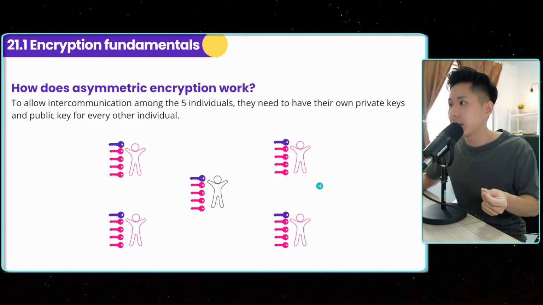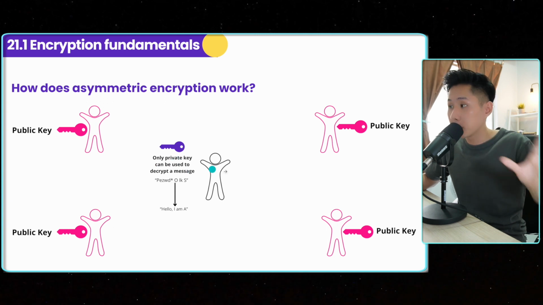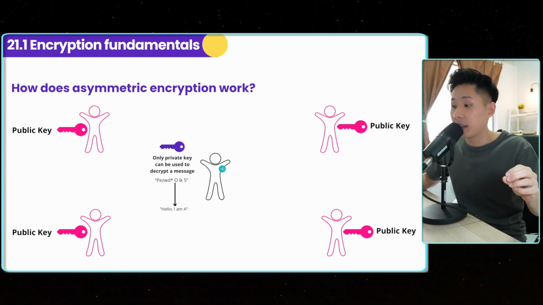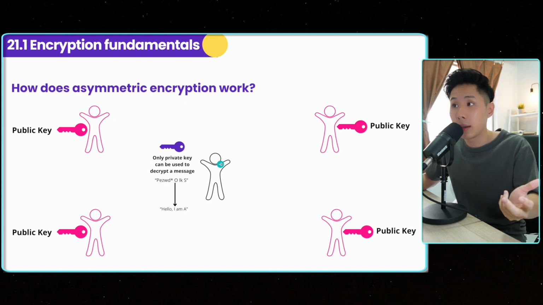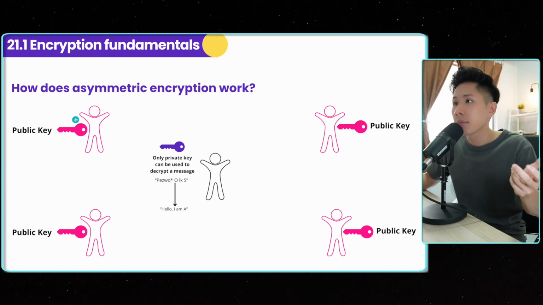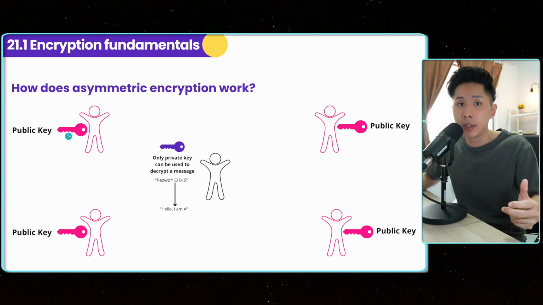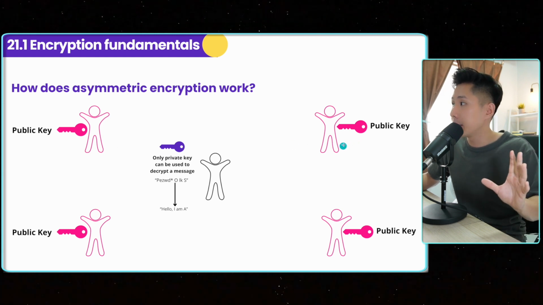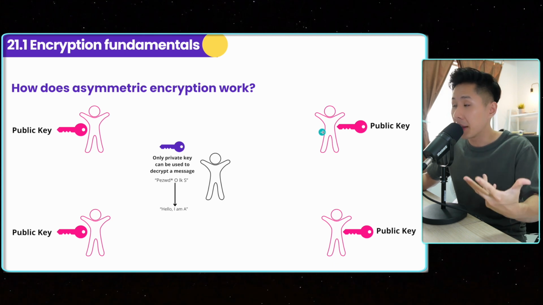And the advantage of this is that because the private key is always with this guy, there's less risk of other people being able to decrypt the message. Because even though other people have the key to encrypt the message, all they can do is encryption, but not decryption. But of course, sometimes everybody needs to be able to send and receive from other people.